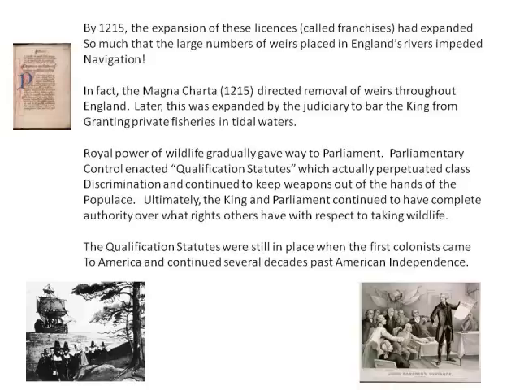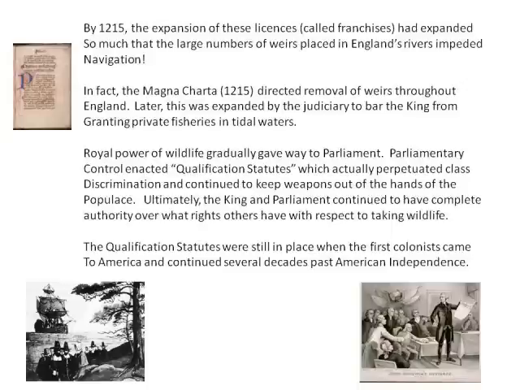When the first colonists came into the New World, this is basically the way the wildlife were dealt with. You had the Parliament establishing these standards, and if you were wealthy, you were allowed to hunt, and if not, you weren't.